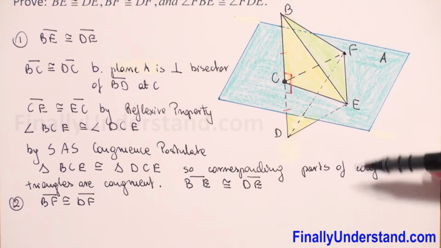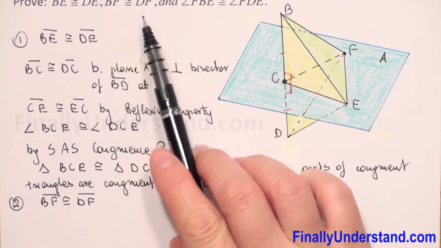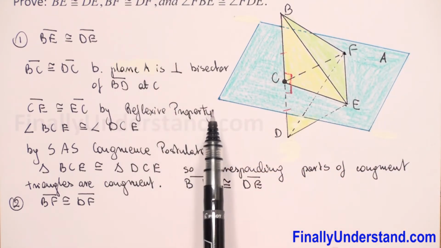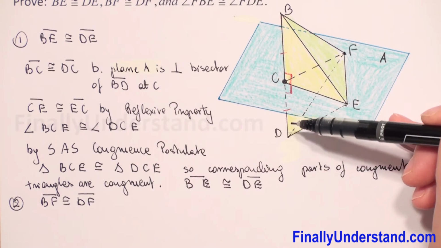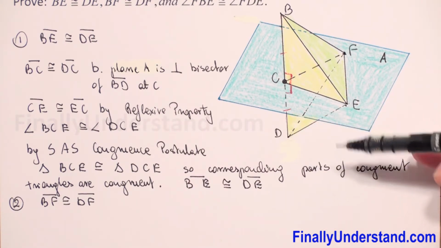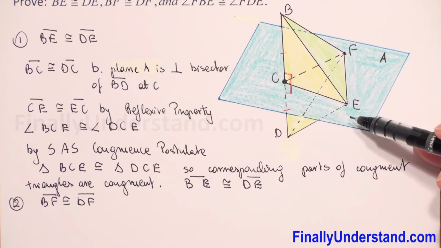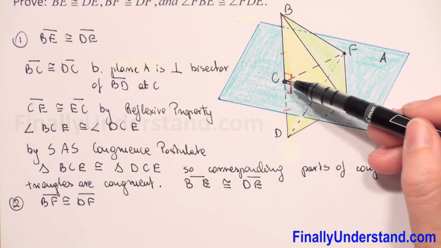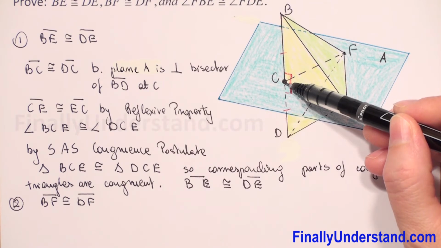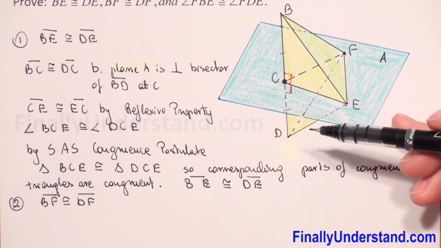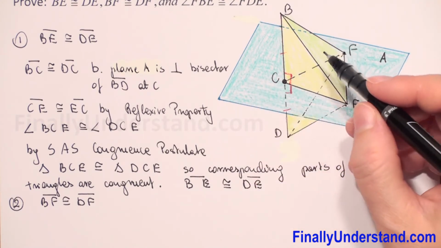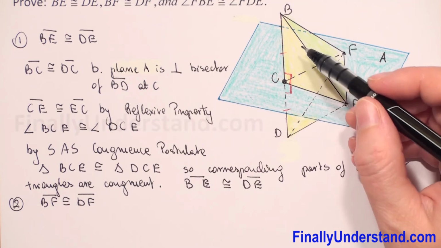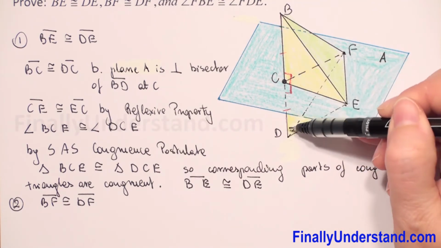So again, from the beginning, we have given that plane A is the perpendicular bisector of BD segment. From the definition of perpendicular bisector, if plane A is the perpendicular bisector of BD at point C, it means that plane A is perpendicular to segment BD.